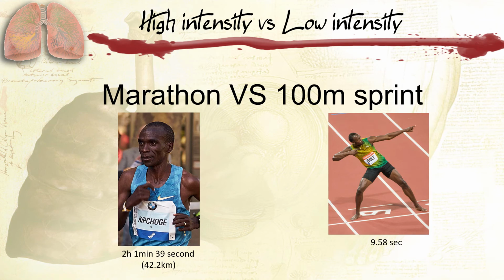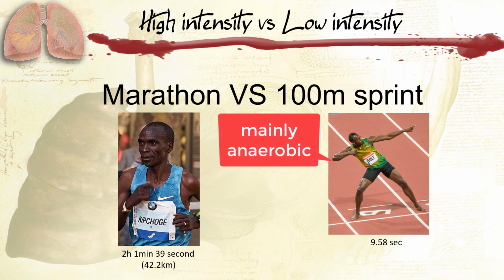Therefore, during high intensity exercise, you are actually using a lot of anaerobic respiration because the demand for oxygen is very high, and there will be insufficient oxygen as a result. Therefore, your muscle will mainly use anaerobic respiration for your 100-meter sprint.